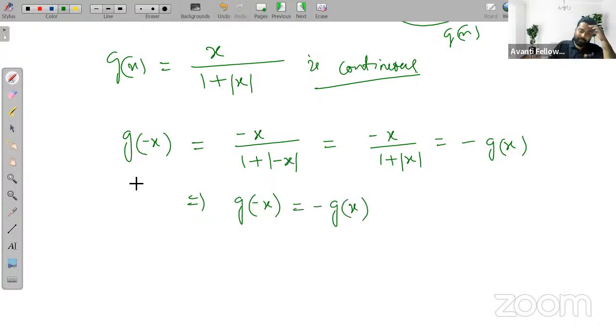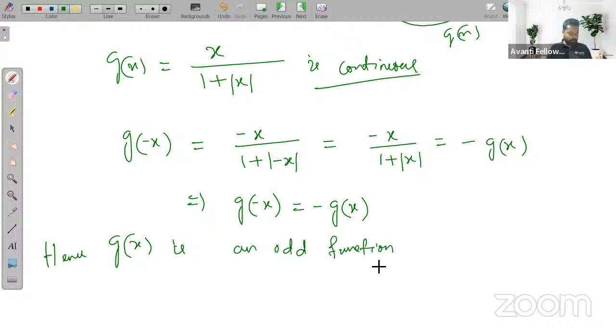Hence we can say g of x is an odd function. So it is a continuous function, and also an odd function.